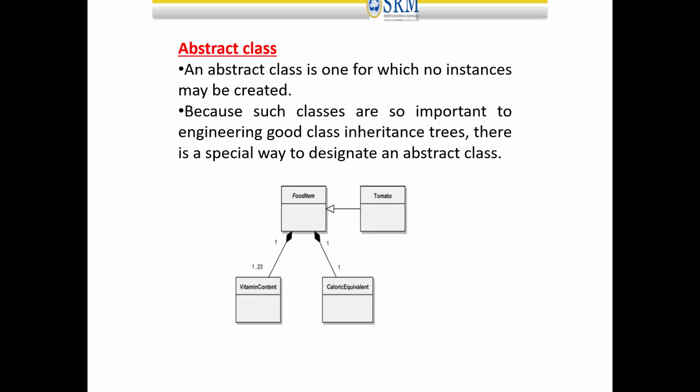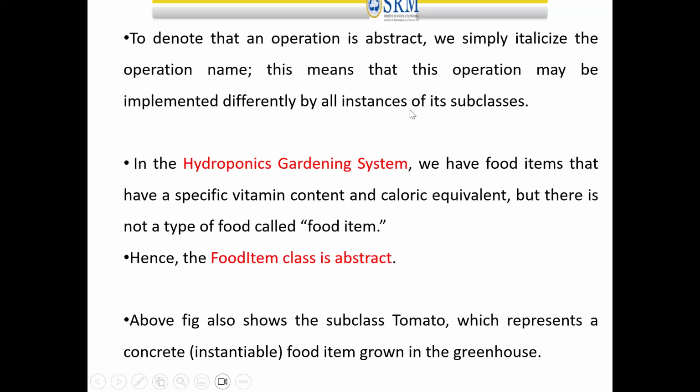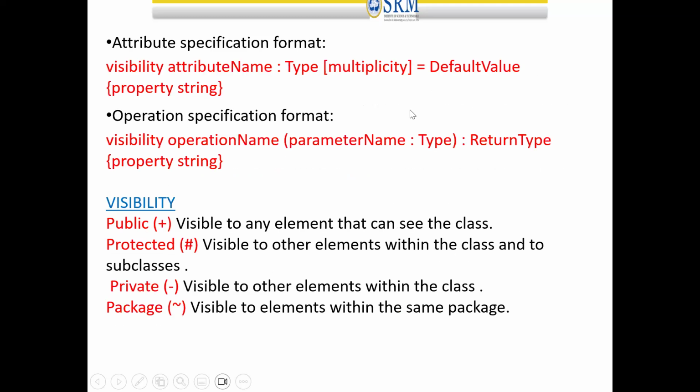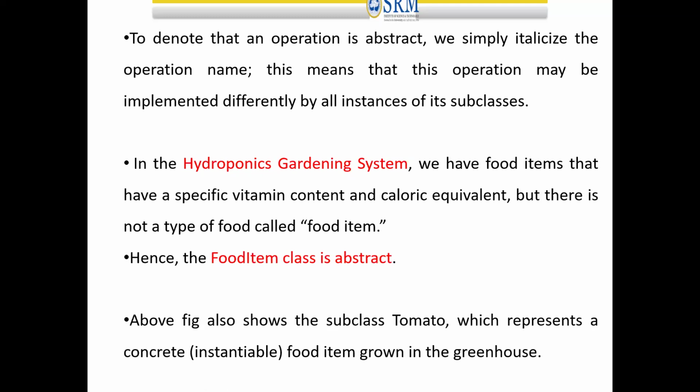Food item, tomato, vitamin content, and caloric equivalent. To denote that the operation name is in italics means this operation may be implemented differently by all instances of its subclasses.